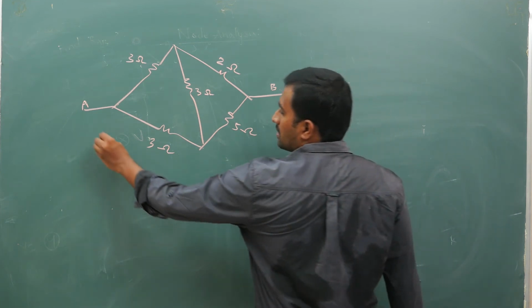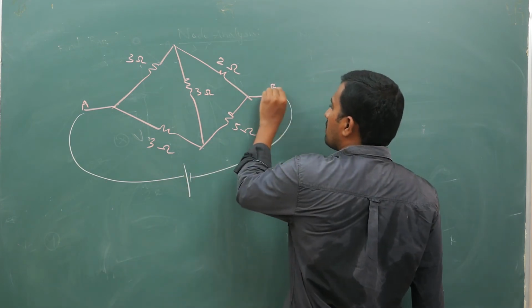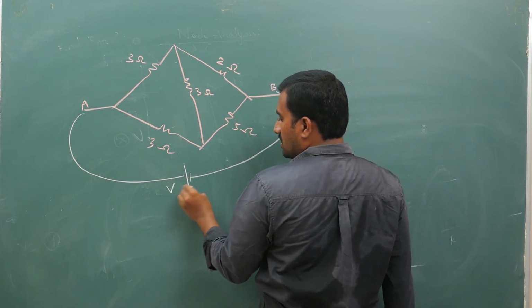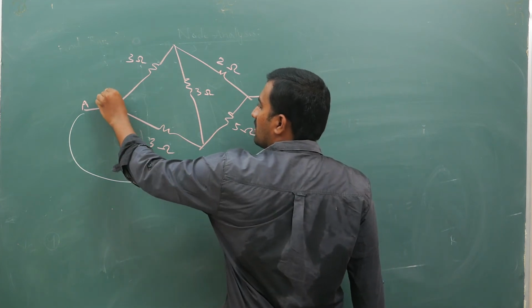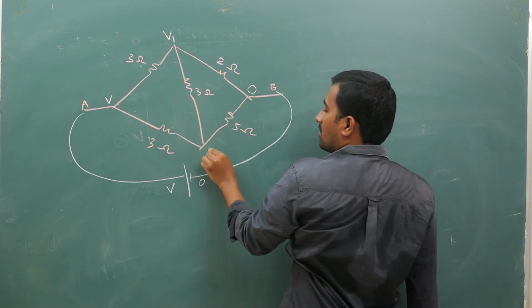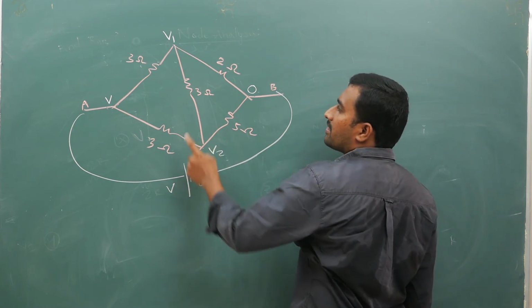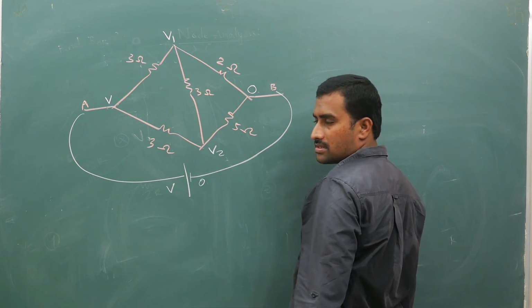So in this case, what I can do is connect a battery like this. I will follow these steps. Here it is V, here it is 0, here it is V1, here it is V2. First step, connecting the battery; second step, marking the potentials.